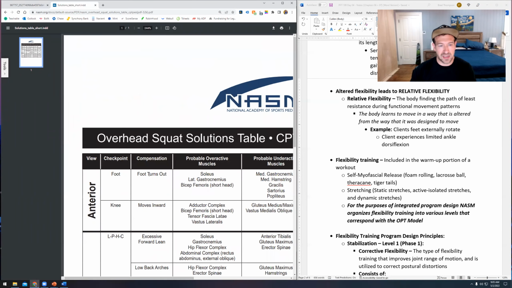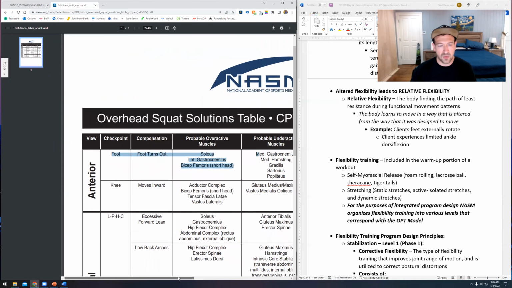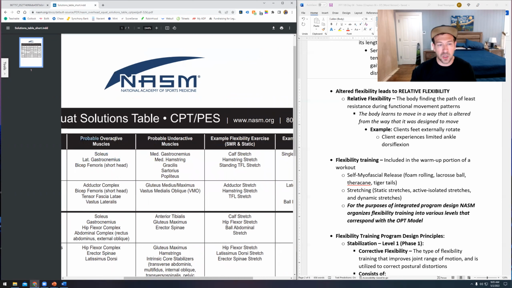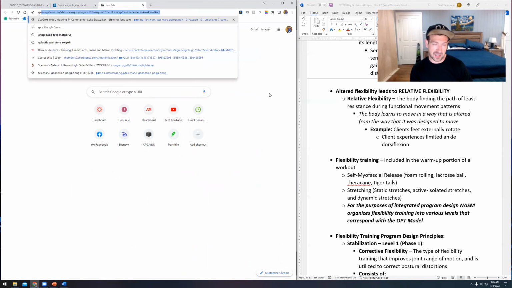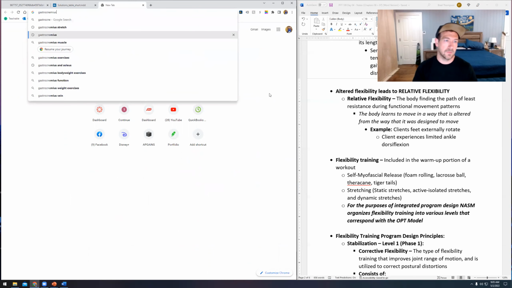Okay, so we're looking at this first column here, and we see our probable overactive muscles are going to be the soleus, the lateral side of the gastrocnemius, and the biceps femoris short head. So if we look at all three of those muscles, let's look at the gastrocnemius.